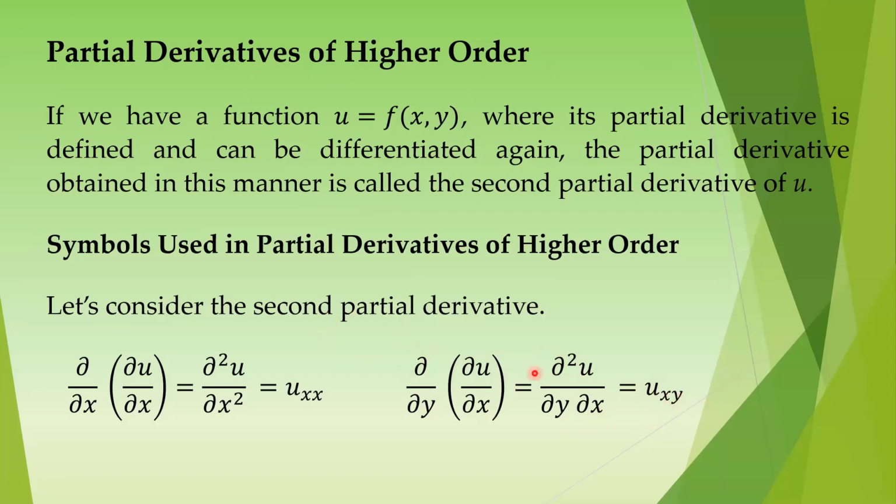Okay, pagkakaiba ng dalawa symbol, pag ito ang ginagamit, ito muna yung unang susundin mo. First, partial derivative. Second, partial derivative. Ito naman, sa letter U na to, pagka subscript na siya, una yung nauna, x ang una, sunod yung y.